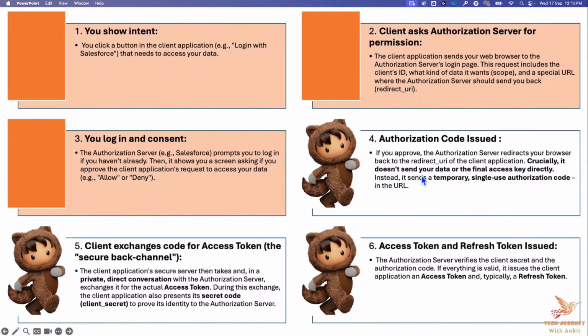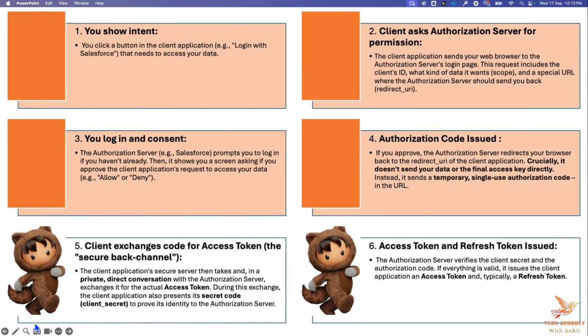As soon as you go and send the consent, the system will return the single use authorization code. That's what we have discussed. What the system will return here is the single use authorization code in the URL. Here you can see I do have my single use authorization code in the URL. So this is what my code is.